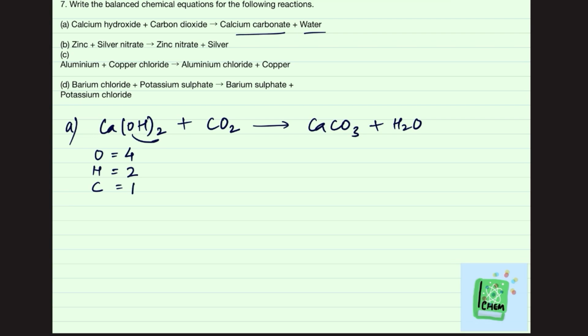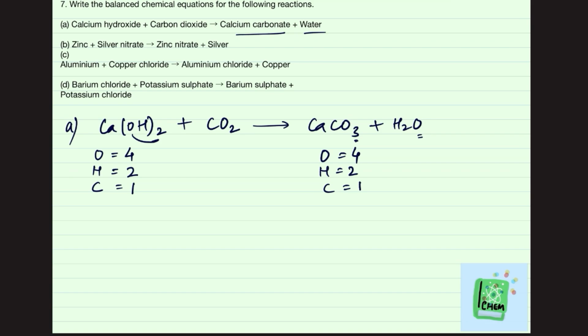On the product side, number of oxygen is 4, 3 in the carbonate ion and 1 from water. Total number of hydrogen atoms is 2, number of carbon atoms is 1. So as it can be seen, this reaction is balanced.